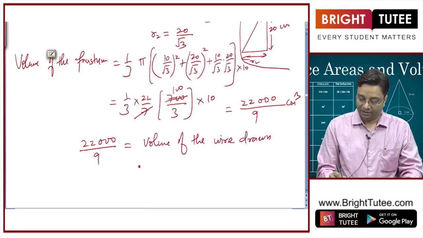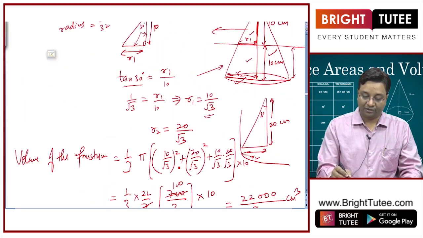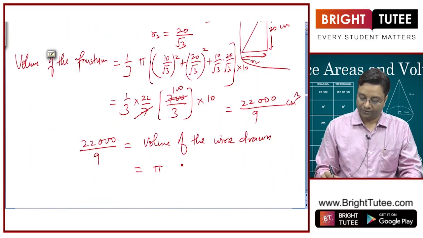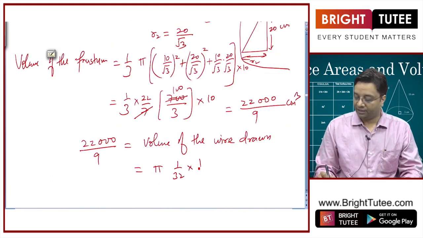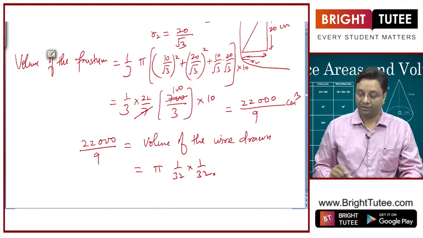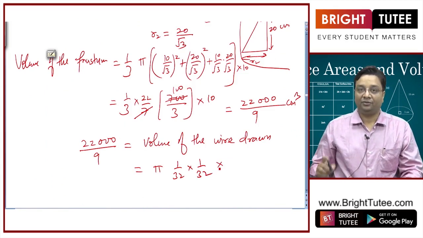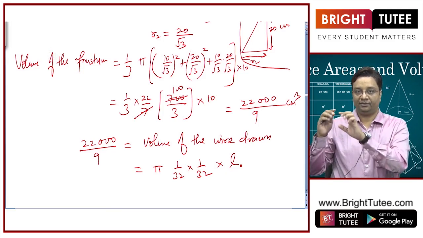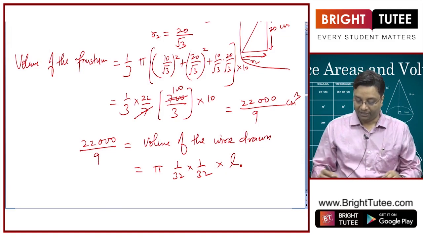Wire is cylindrical, so pi radius square, radius of the wire is already mentioned, 1 by 32. So 1 by 32 square can be written as 1 by 32 into 1 by 32 into length of the wire. So let us denote it by L. Pi r square into height, that is length in this case of this wire.